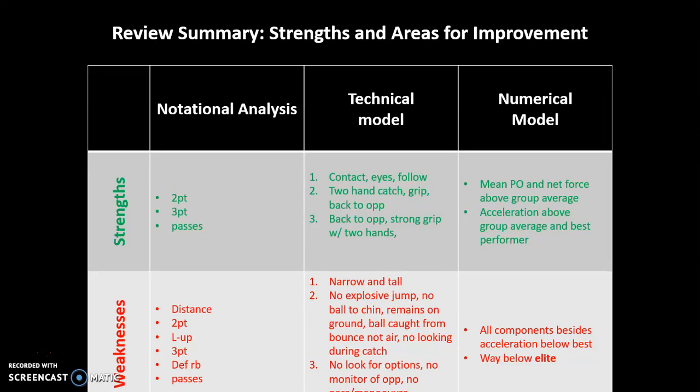It means you are above a lot of the other players there. 3 points scored were above the average of the group as well, and the number of passes were higher than the group, which is good compared to other small forwards within the group. However, your overall distance covered was much less than the best in the group and an elite performer.